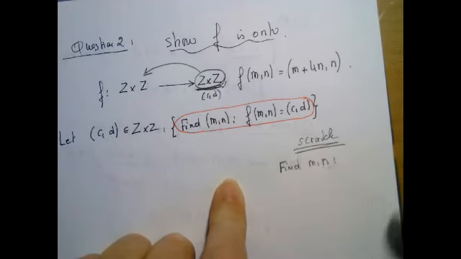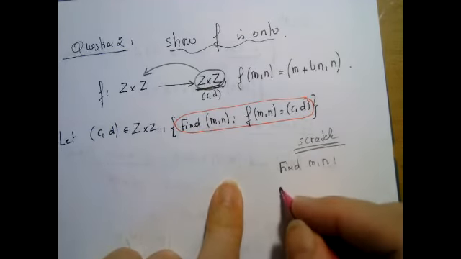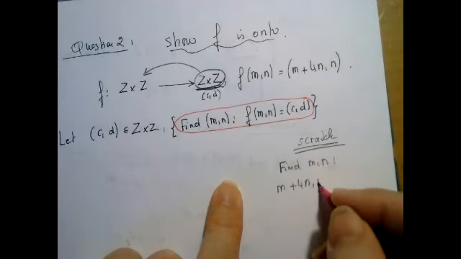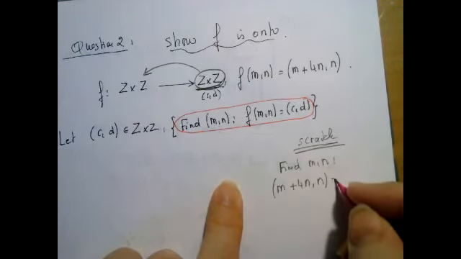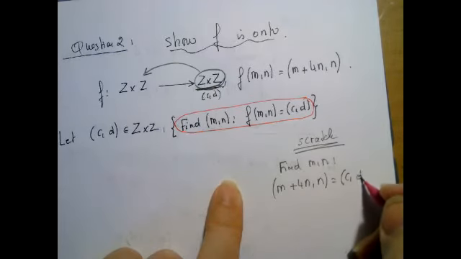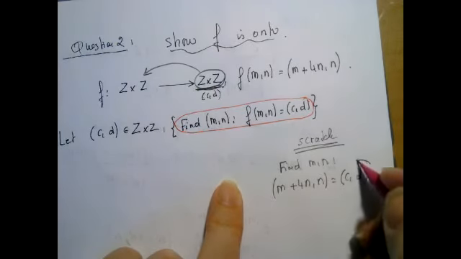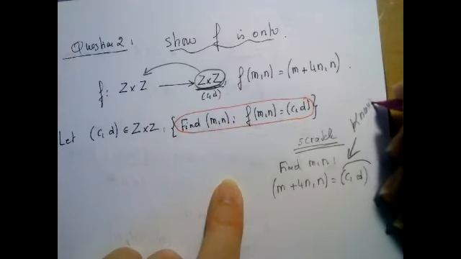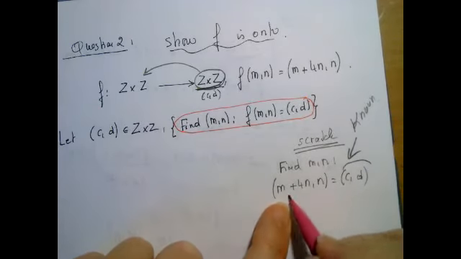That's my scratch, such that m plus 4n equals c. In this scenario, this is the known: I have my (c, d). And the unknowns are the n and the m.